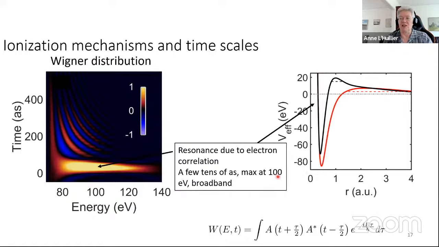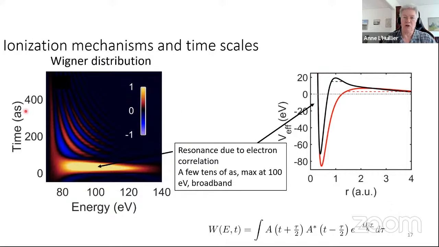It's maximum at 100 eV, broadband, with a duration of a few tenths of attosecond. And one can actually correlate this feature with the behavior of the effective potential that the 4D electrons see as it is ionized, with a rather small potential barrier here. So the lifetime is very short.